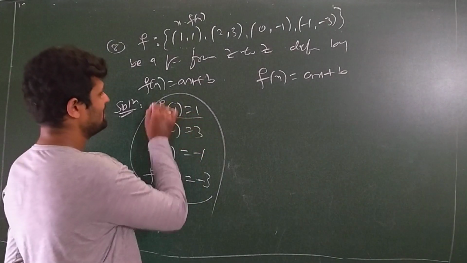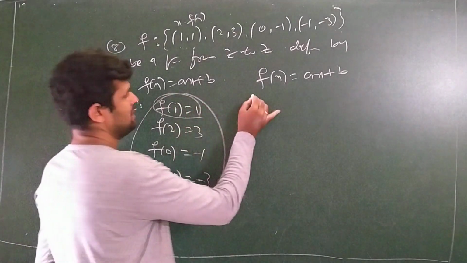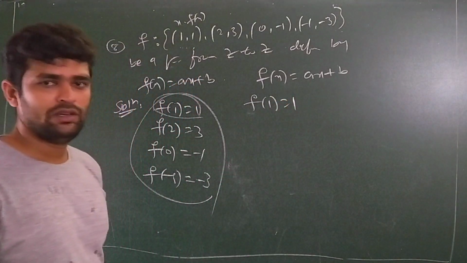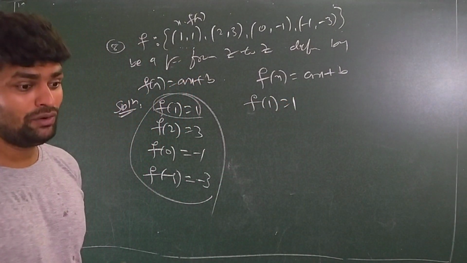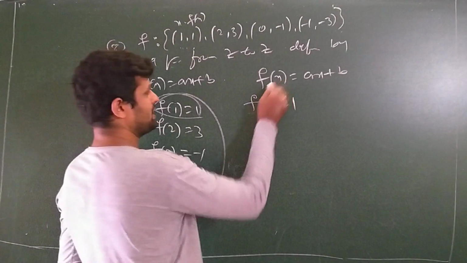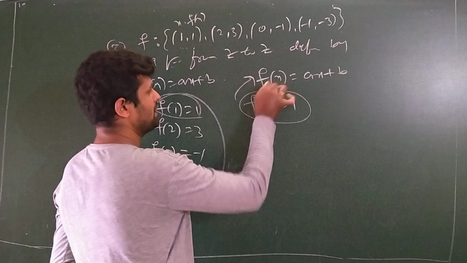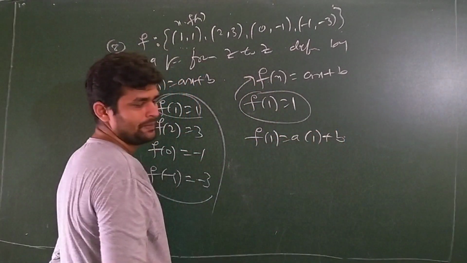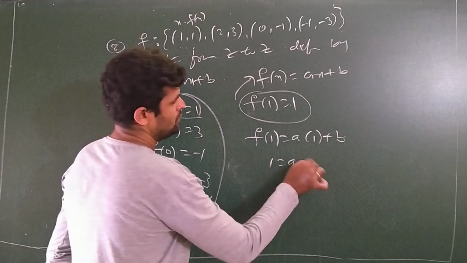Can I apply the first condition? f of 1 equal to 1, we know this from the arrow diagram. In place of x, if I apply this condition, f of 1 is equal to a into 1 plus b. f of 1 is 1, so this is a plus b.